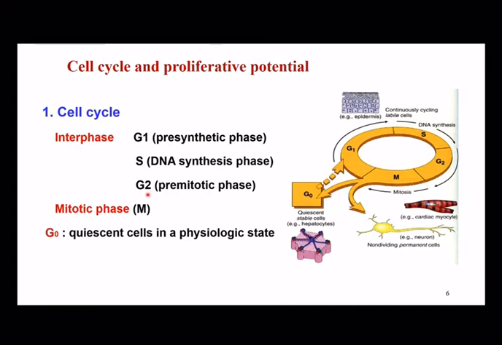Non-dividing cells are either in cell cycle arrest in G1 or they exit the cycle to enter a phase called G0. G0 is a phase that quiescent cells stay in a physiologic state.